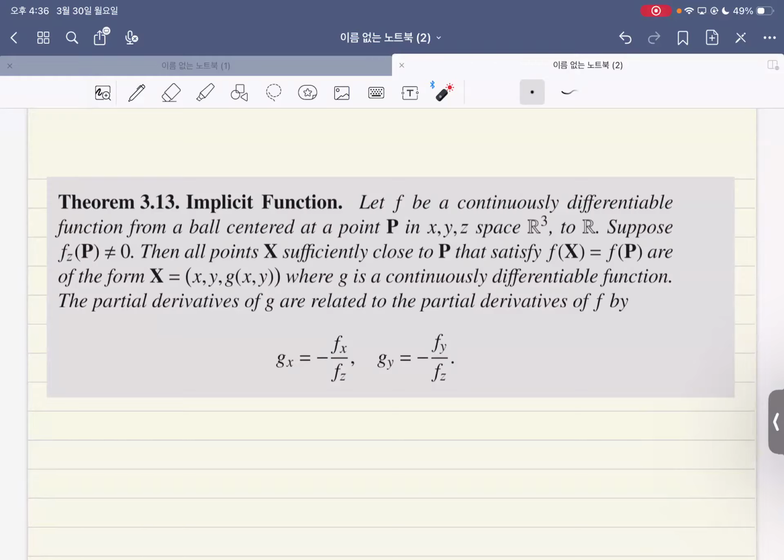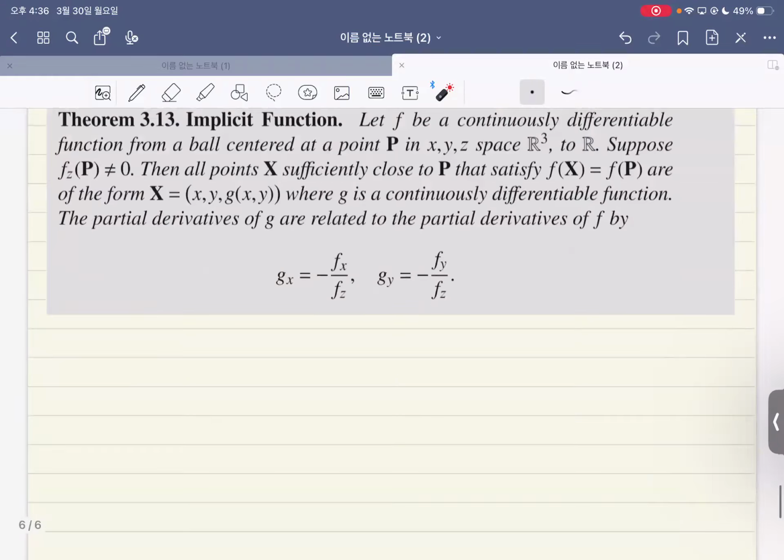And in that case, the partial derivatives of g about y and z are g_y equals minus f_y over f_x, and g_z equals minus f_z over f_x.